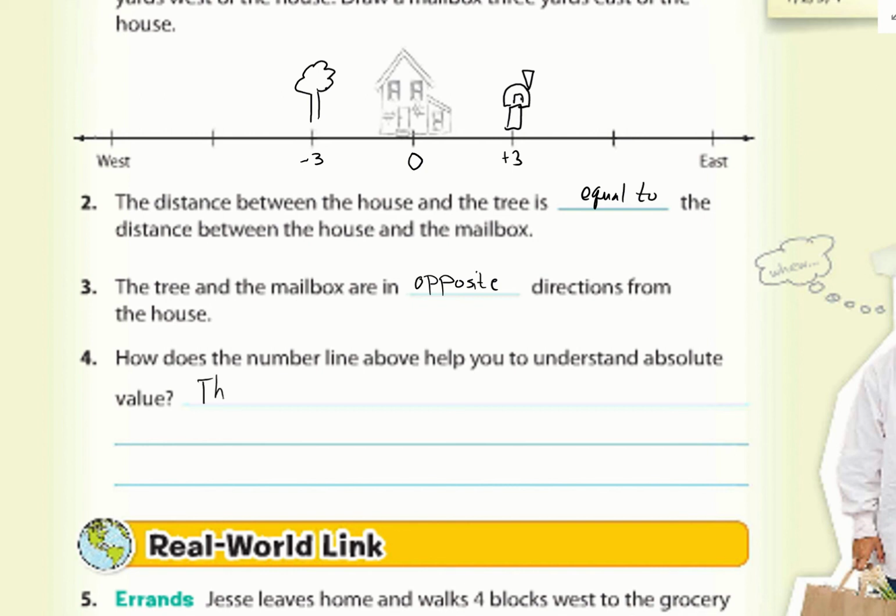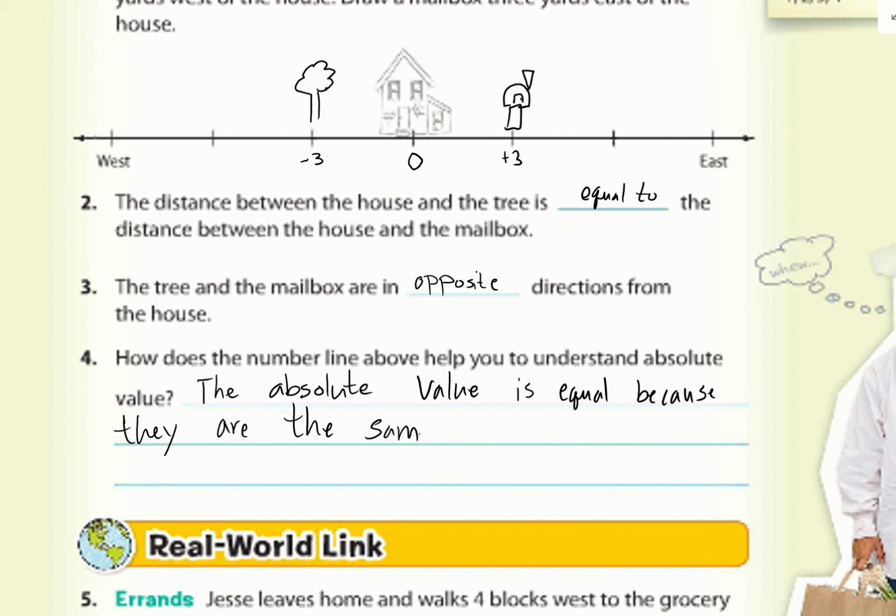So the absolute value is equal because they are the same distance to the house.